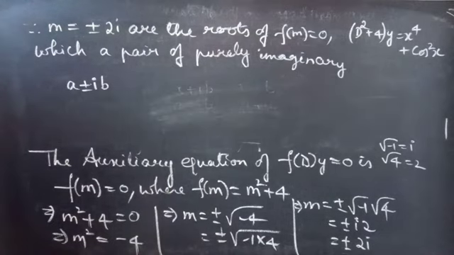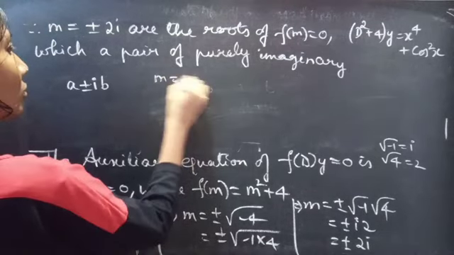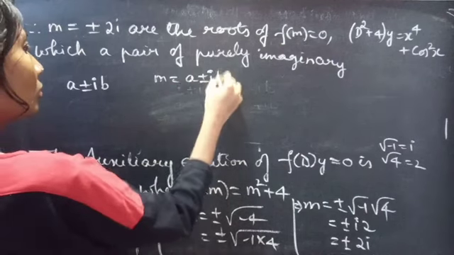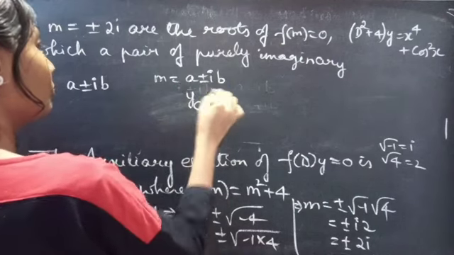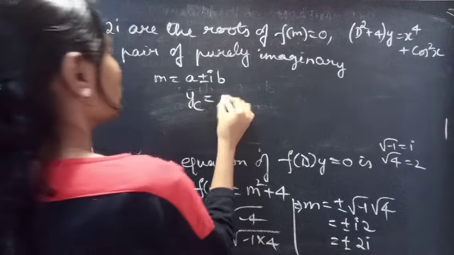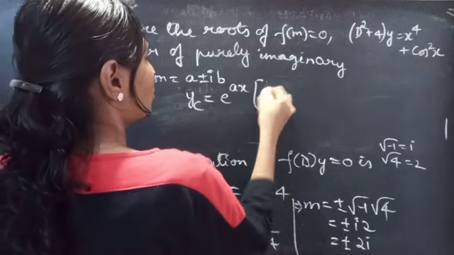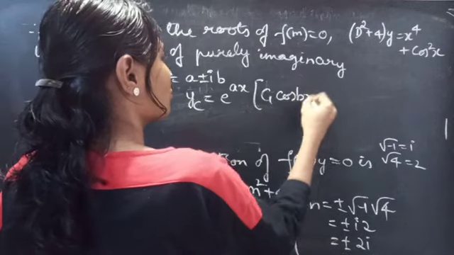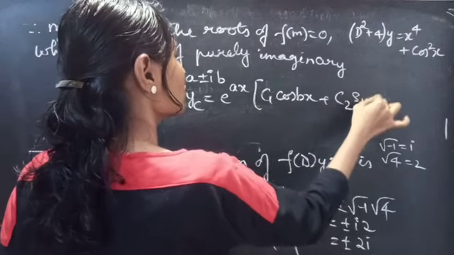If we have roots which are complex conjugates, then yc will be e power ax into (c1 cos bx plus c2 sin bx).